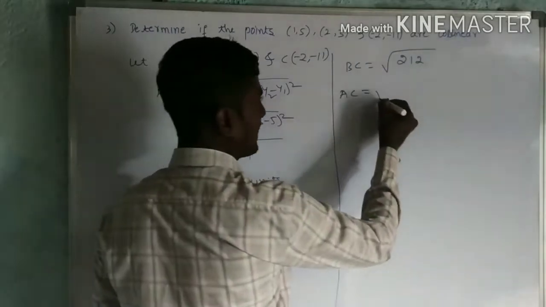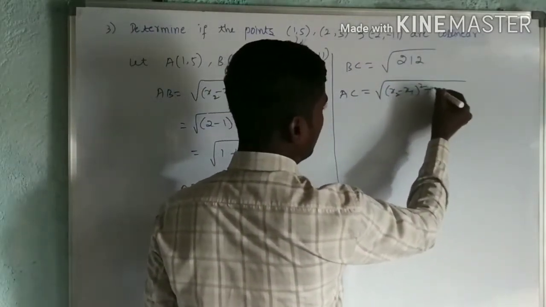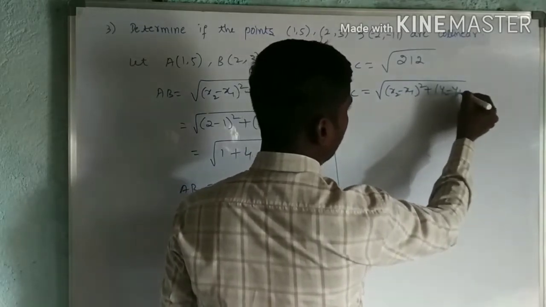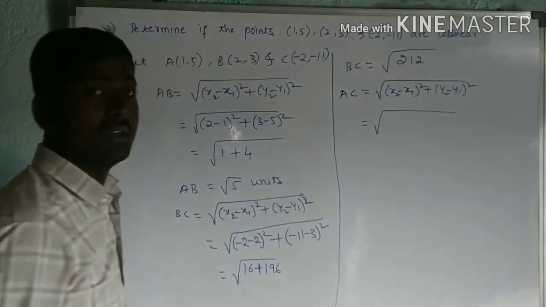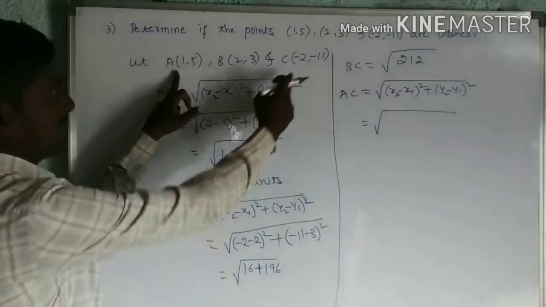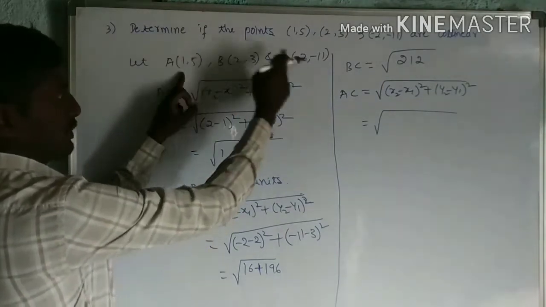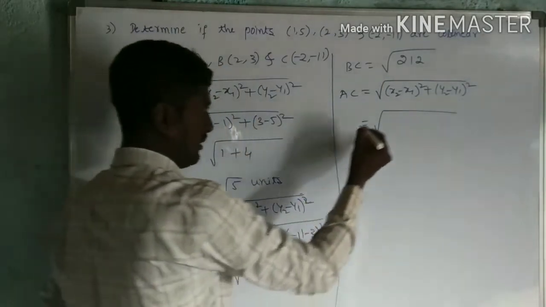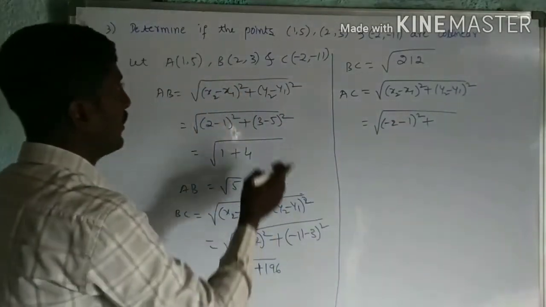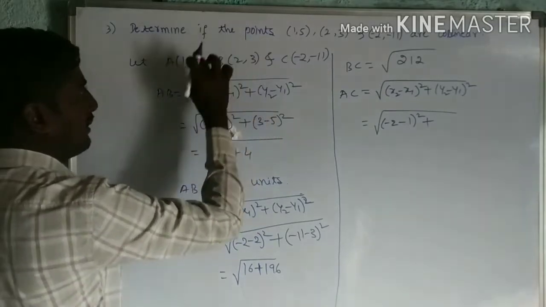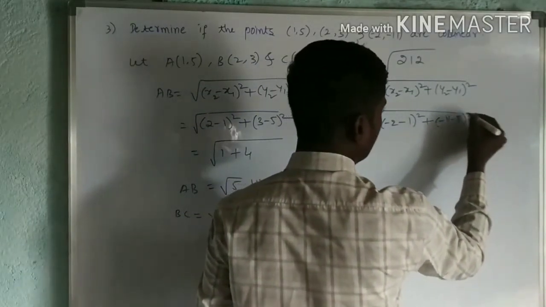Again, I'll write the same formula. AC is equal to root of (x2 minus x1) whole square plus (y2 minus y1) whole square. For A and C, I'll take A as x1, y1 and C as x2, y2. So (-2 minus 1) whole square plus (-11 minus 5) whole square.